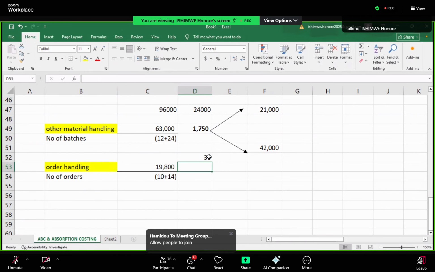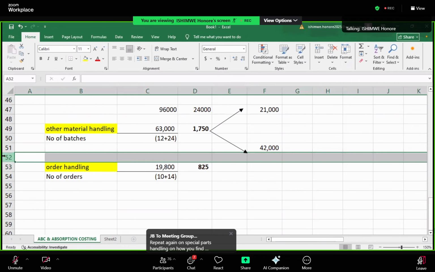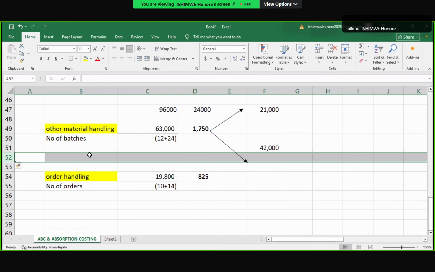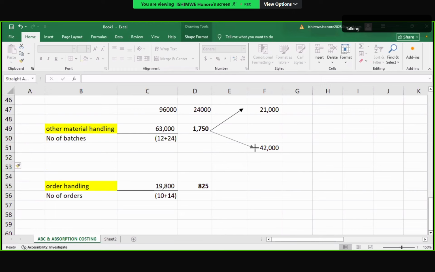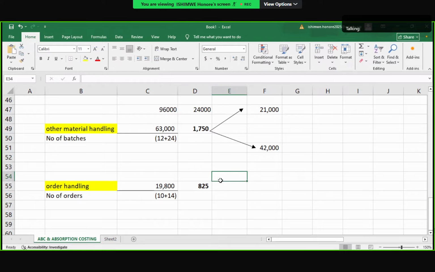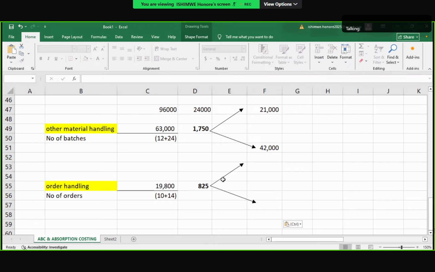Here I can put this over 24, so I get this figure. Now we need the one for plus and double plus.